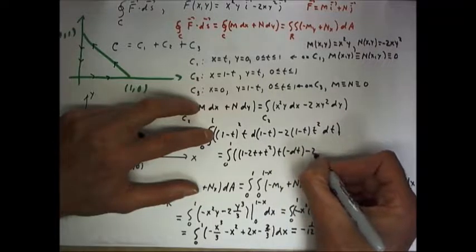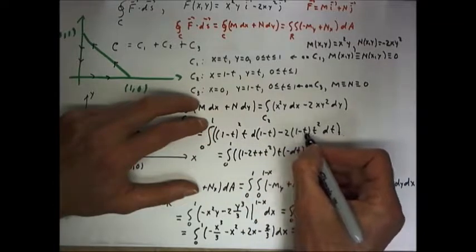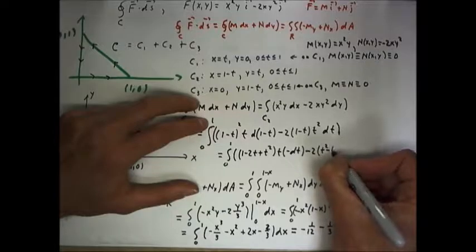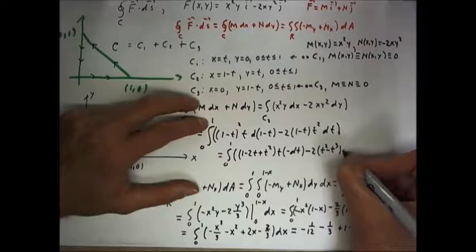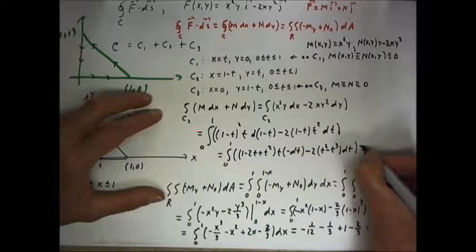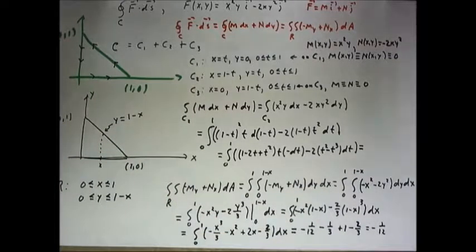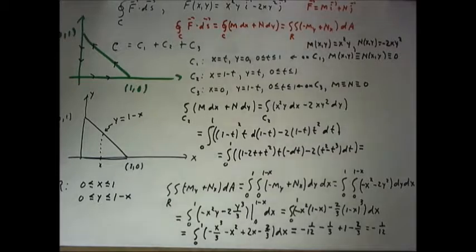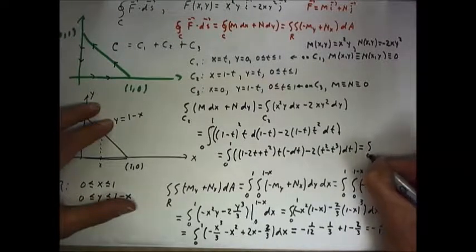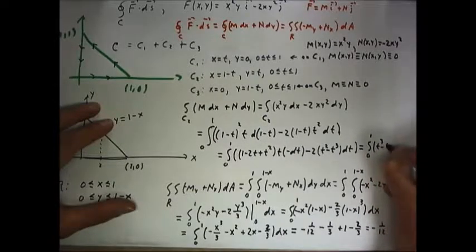And then that's going to be minus 2 times 1 minus t times t squared, which is just going to be t squared minus t cubed dt. And this integral is going to equal, after the simplification, just the integral from 0 to 1 of t cubed minus t dt, and that's -1/4.